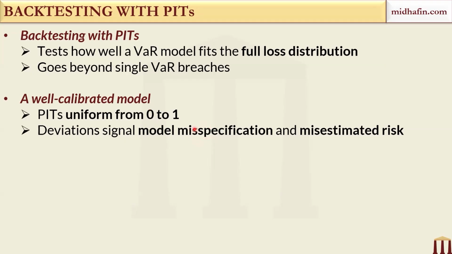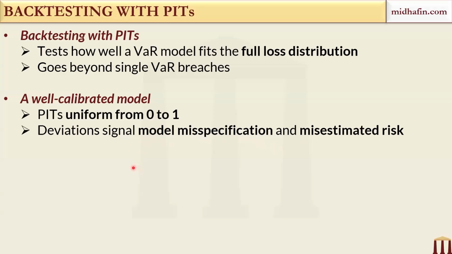And suppose you actually see the PIT piling up in certain ranges, say mostly in the middle or clustering near the edges, just like in the previous slide we saw, it tells you something is off. So that's the classic red flag of model misspecification, meaning that your model might be too conservative, predicting large losses that rarely occur, or too aggressive, underplaying the real tail risks.